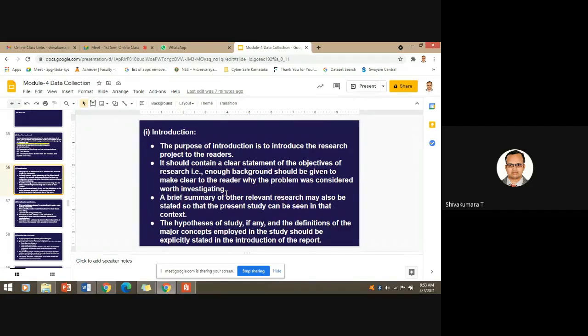The reason is that if you do extensive literature study, you will come to better understand the particular problem you are interested in solving. There is no fixed measure for downloading or referring to research literature papers. Since we have a short period of time, we can refer to at least 20 papers.